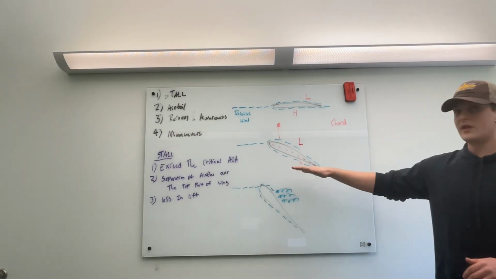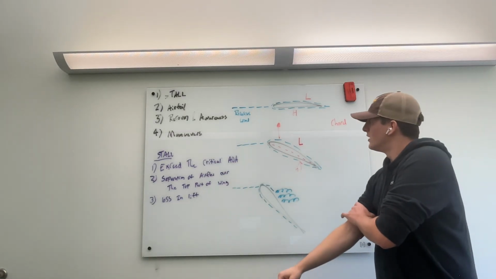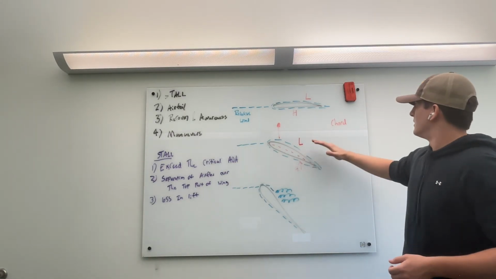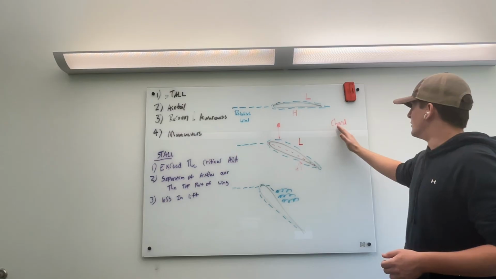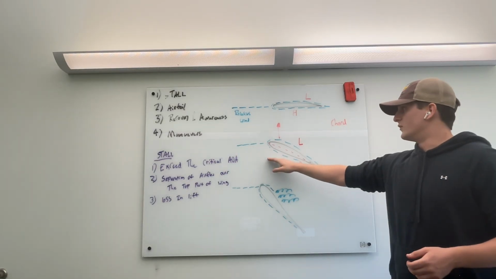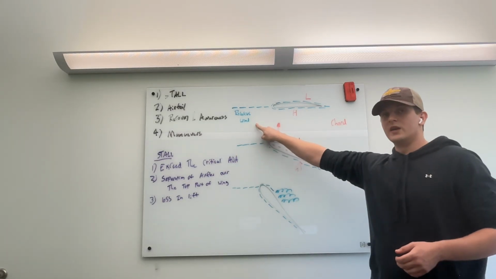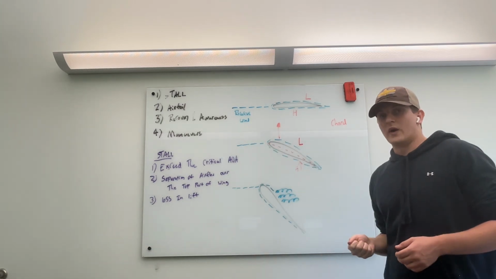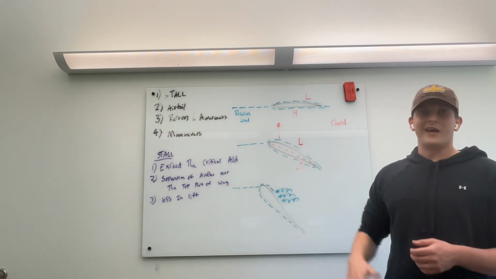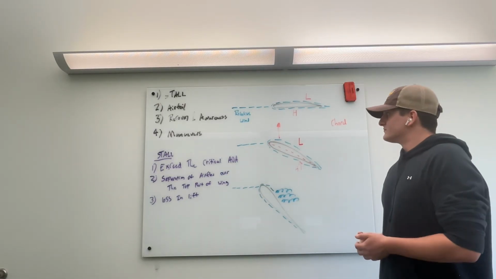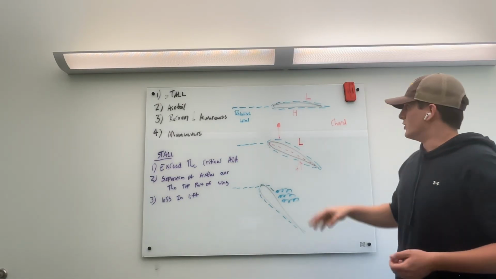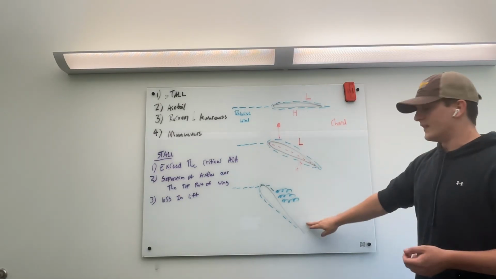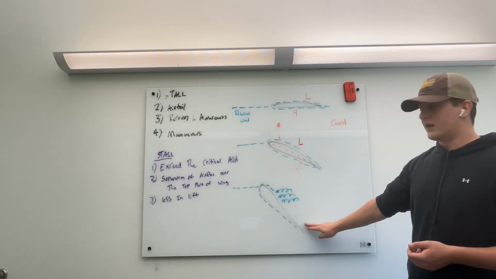Now that critical angle of attack is just the angle between the chord line and the relative wind. If that relative wind is not very strong, say that you have your power out and you're at a very high altitude, well, you could stall a lot easier. You could stall at this angle of attack rather than this angle of attack, all right?